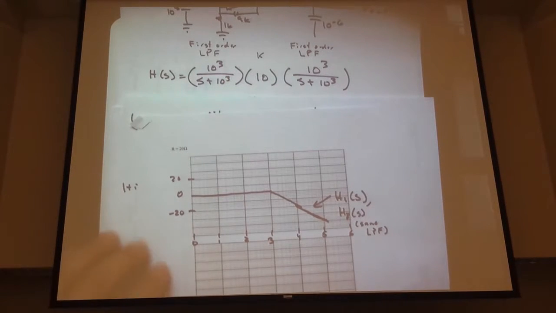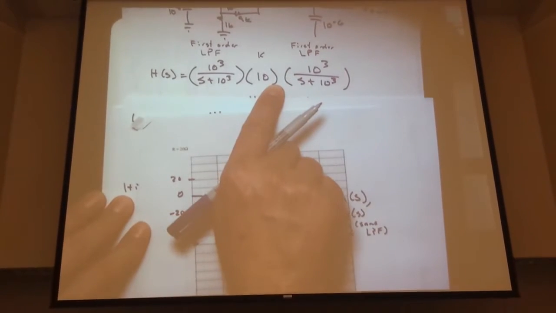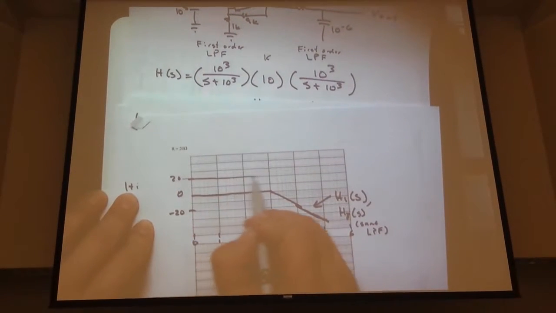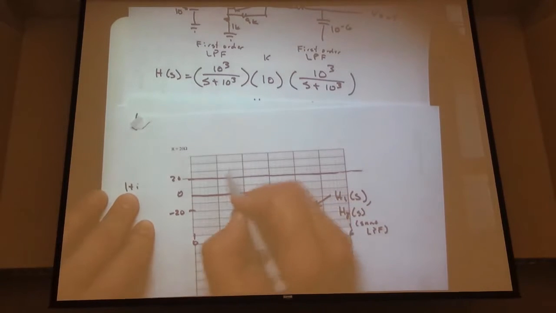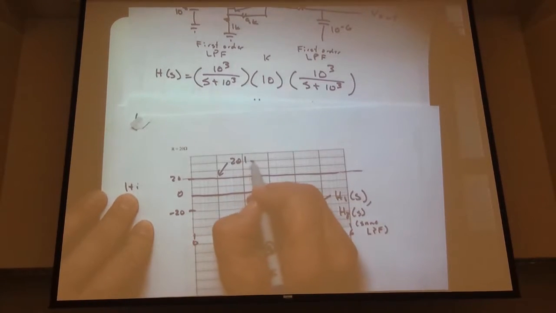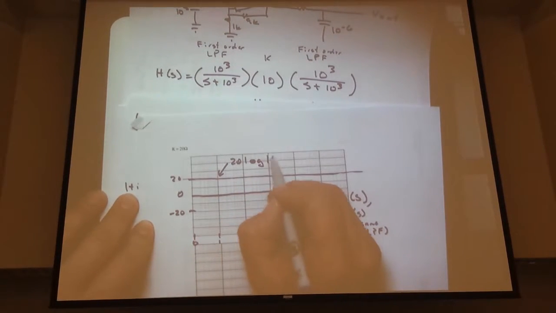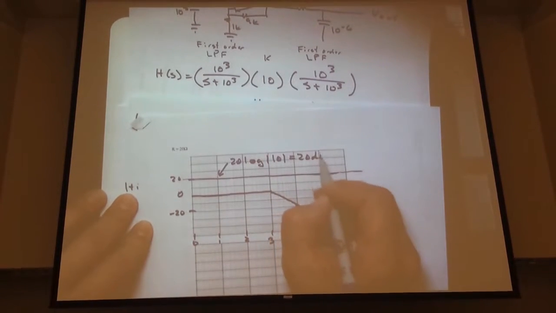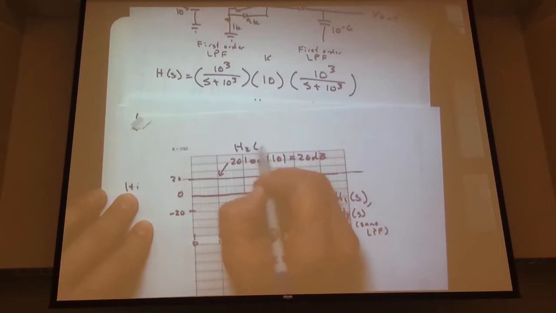And then we can also look at our K term. 20 log of K is right here at 20 dB. 20 log of 10 equals 20 dB. And that's H2 of S.